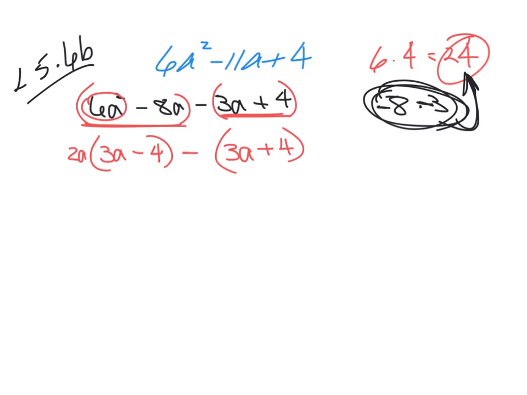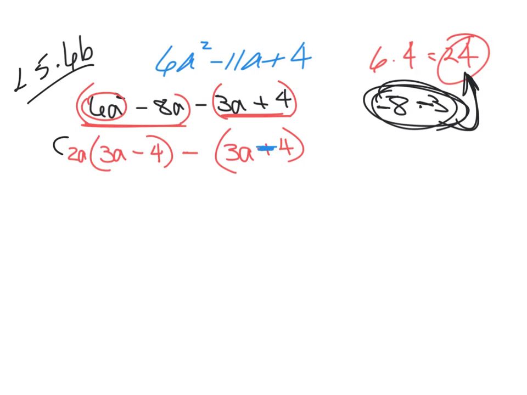So I'm going to change that to a minus right now, and now it's the same as that. Now if I take these parentheses off, this becomes a negative 3a, and this negative times a negative becomes a plus 4, and that's what I want. So even though it seems like I just took the positive and changed it to a negative, I really didn't.